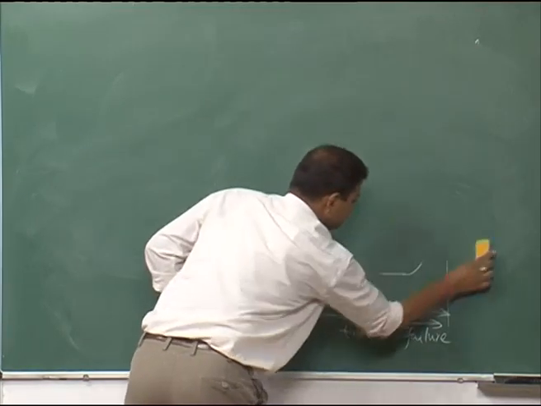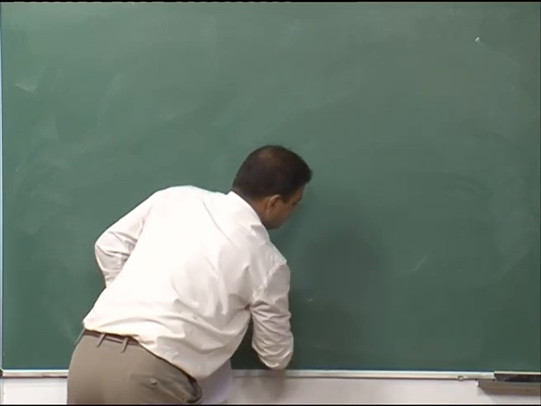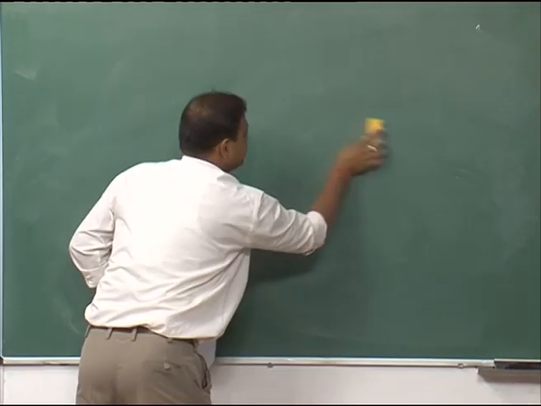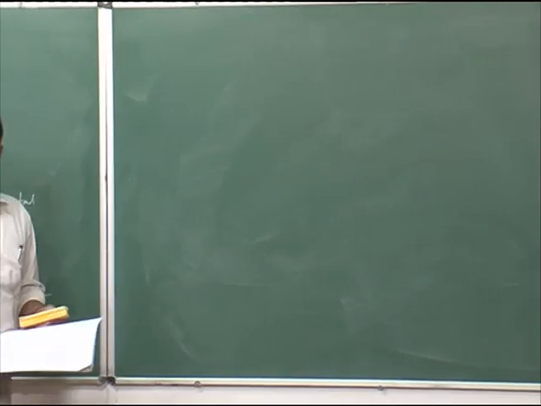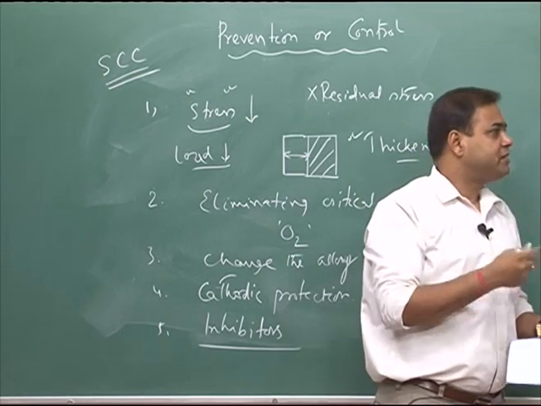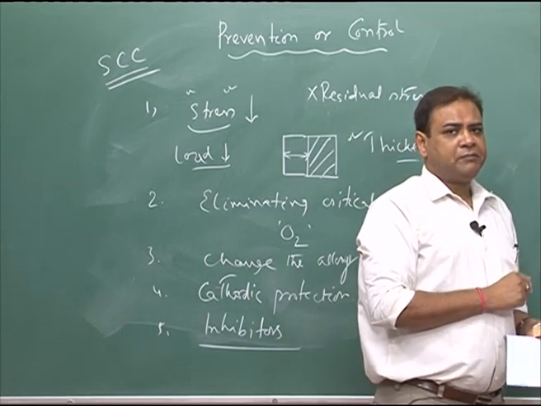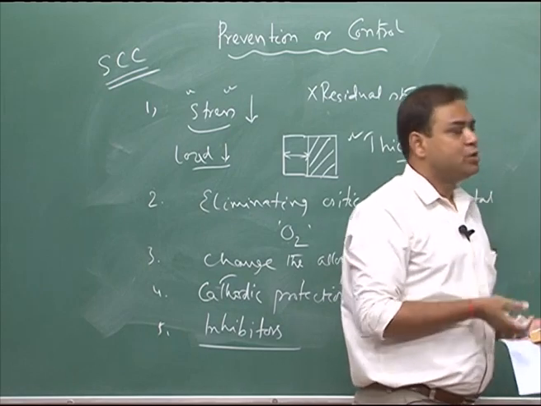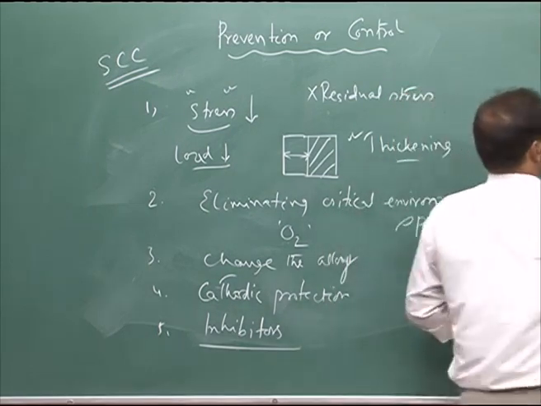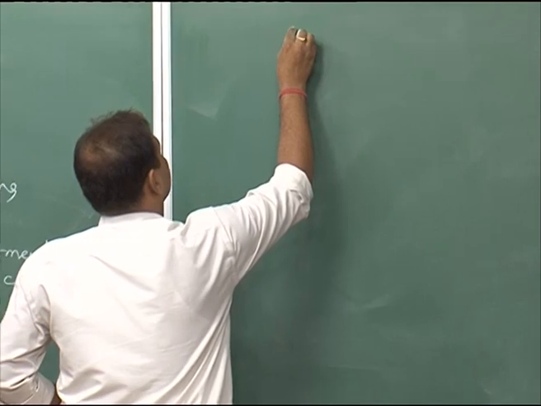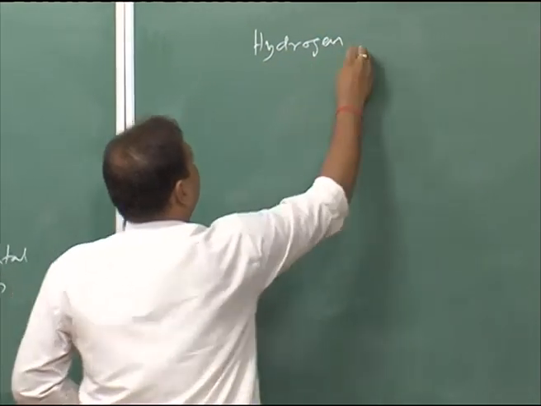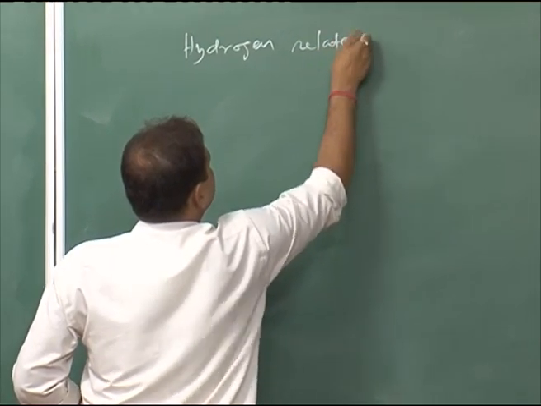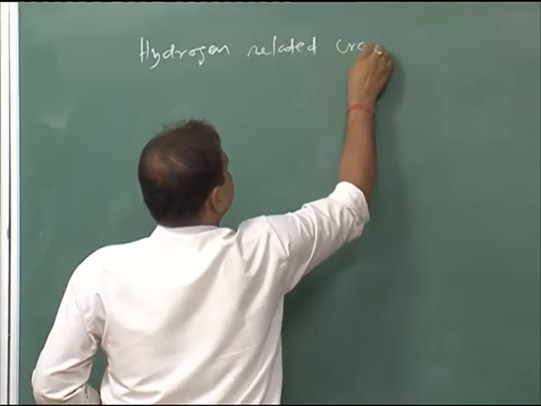Since we have seen earlier that corrosion cracking can be divided into 3 categories: one is stress corrosion cracking, one is hydrogen embrittlement or hydrogen related cracking phenomena, and then you have corrosion fatigue. Let us come to hydrogen related cracking.